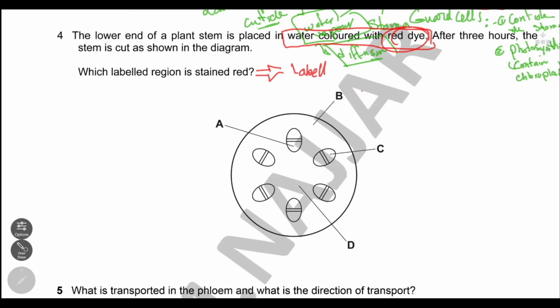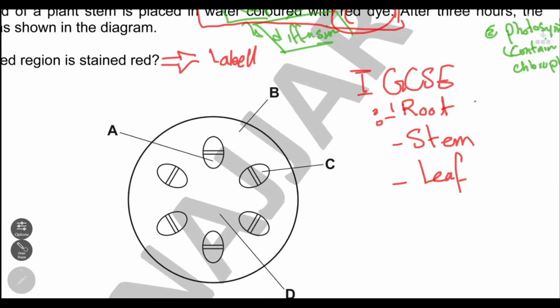And one important thing I'd like to draw your attention to: in the IGCSE, we actually have 3 drawings. We have the root, the stem, which is here in this example, and also the leaf. Of course, all of them are supposed to be dicot.